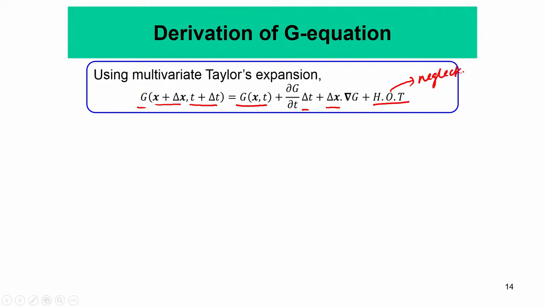Okay, so this is a first order Taylor series expansion. We can write this for any function, and G is of course a function.